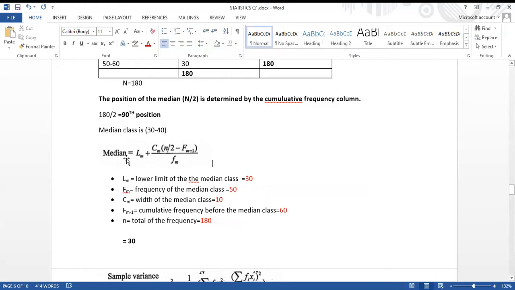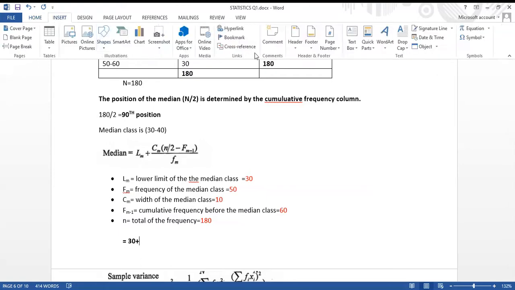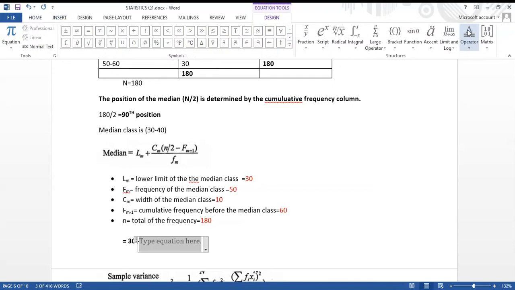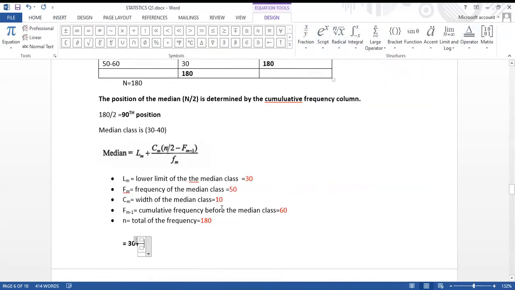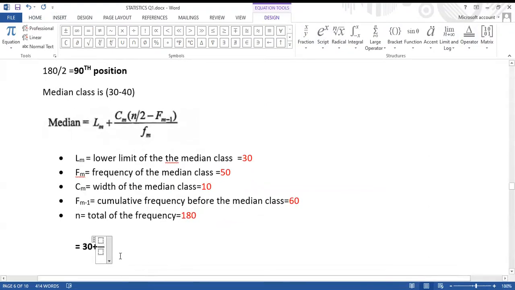So our lower limit is 30 plus. Let me just zoom in. Our class width is 10, open brackets. This n divided by 2, we already found it.